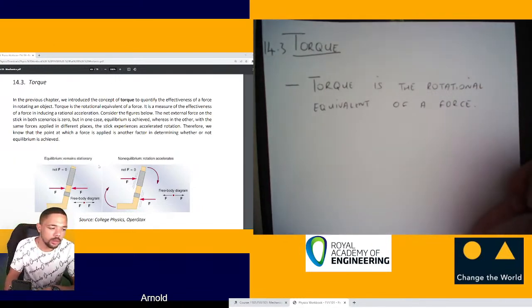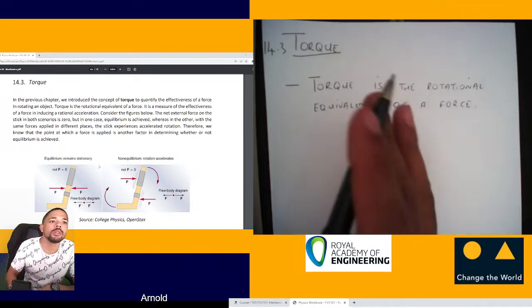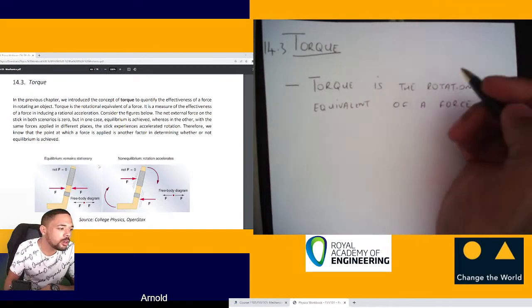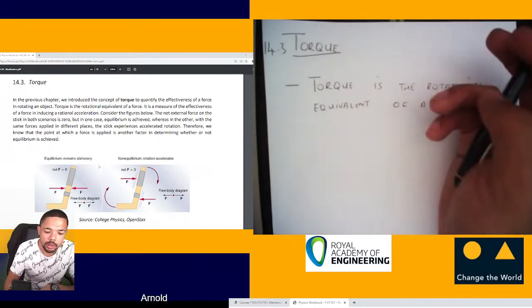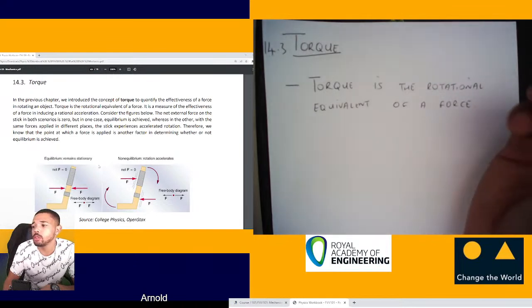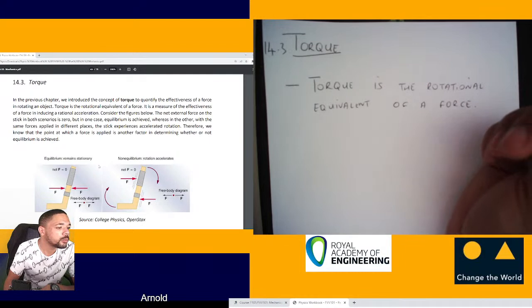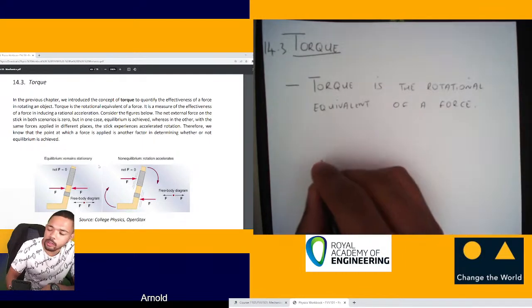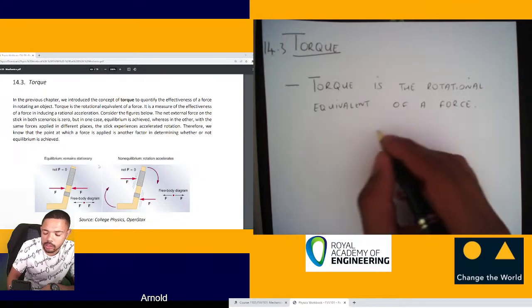Just as we have forces that are acting in straight lines, torque would be the rotational equivalent of a force. So far we've only done forces acting in straight lines. You can break it up into components, but it is still just acting in a straight line. We haven't done any curved forces. At no point have we done a force that is curving.